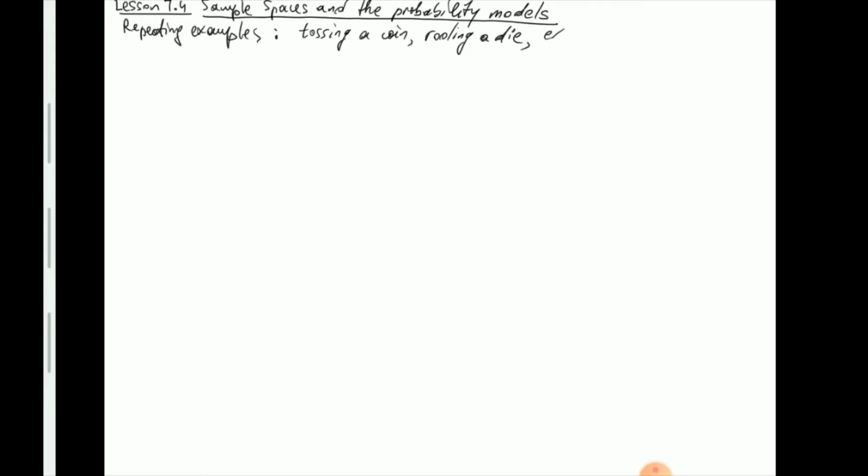Events or experiments related to card games. And we're going to use the typical card deck that most people know about.